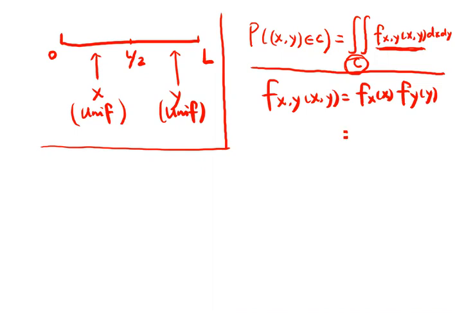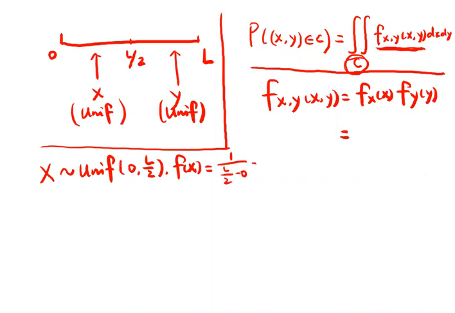And the marginal, we know that x is uniform 0 to L over 2. So fx equals 1 over (L over 2 minus 0), which is 2 over L, when x is between 0 and L over 2 and 0 otherwise.